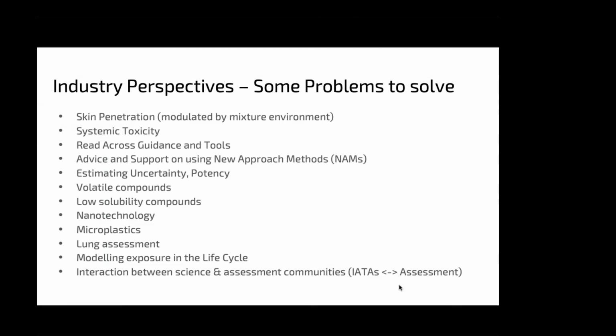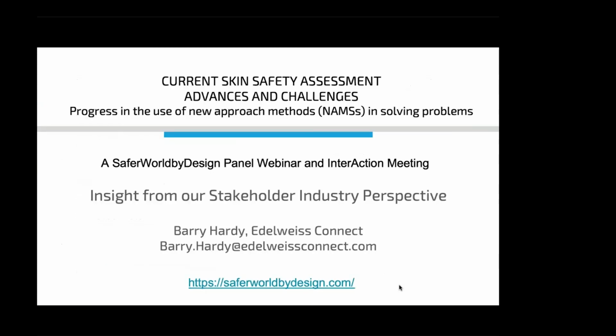How do we use the new approach methods in this part of the assessment work is more of an area with more development needed. And for that, I think a strong interaction between science and risk assessment communities, between the IATAs and the application of the information, seems to be a good consensus that we will benefit from that.